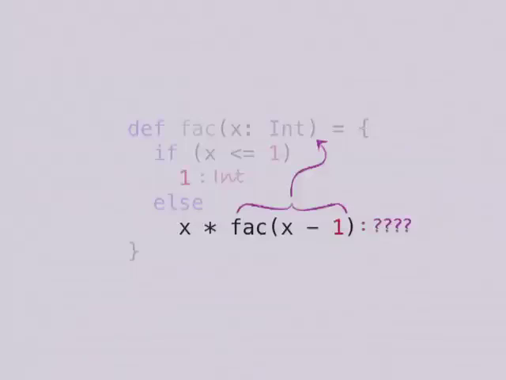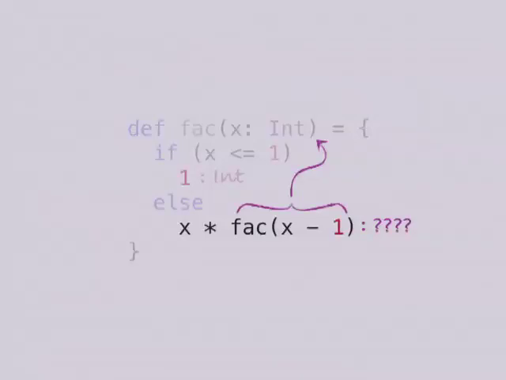So recursive functions in languages with local type inference always need to have explicit return types. And for a language like Scala that encourages recursion, this gets really annoying really fast. So it would be nice if we could do better.